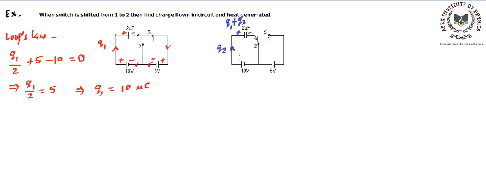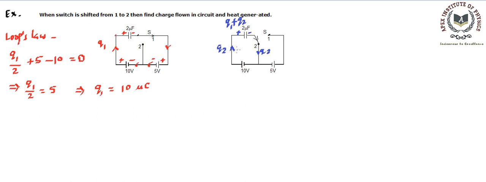Why am I saying Q1 plus Q2? Because Q2 is the charge coming in. This was the positive plate earlier, so more charge is going to come onto it. So the total charge will become Q1 plus Q2, and Q2 will return back through this path and reach the battery, fulfilling the condition of the battery returning the same charge. So Q2 is the new charge that has flown in the circuit. That means one part of the question, the charge flown in the circuit, is Q2.